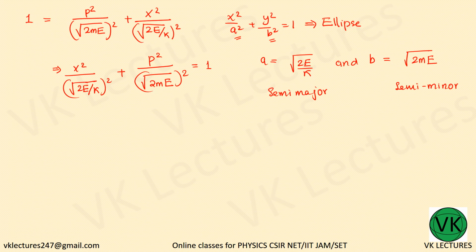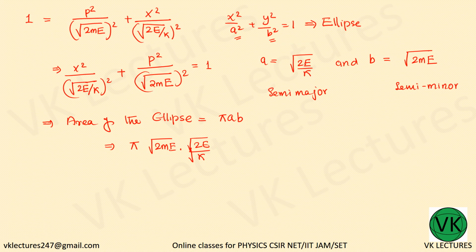Now what is the area of the ellipse? It is given by pi a b, so area is equal to pi times root of 2mE into root of 2E by k.